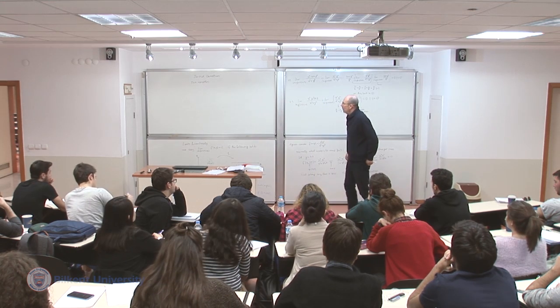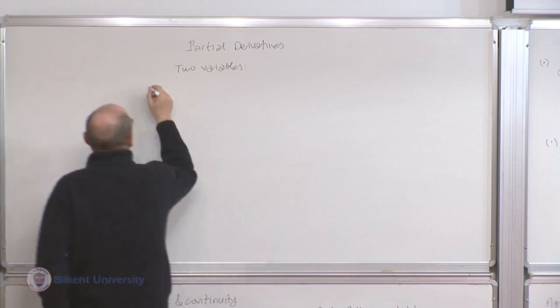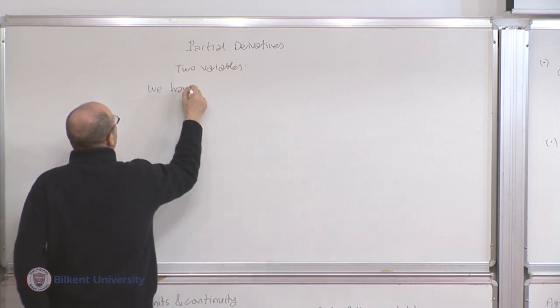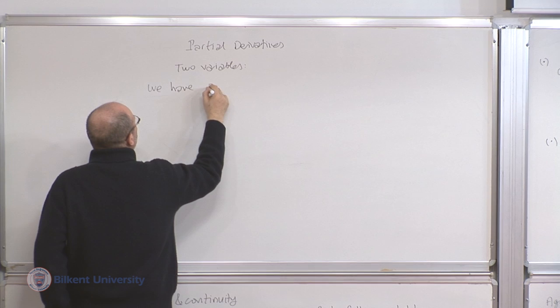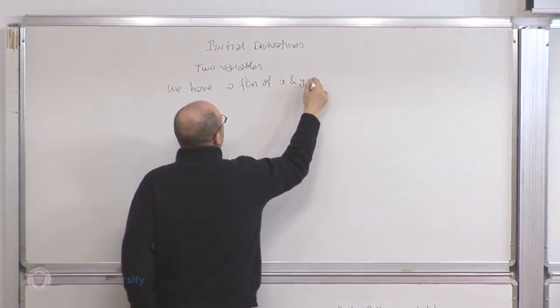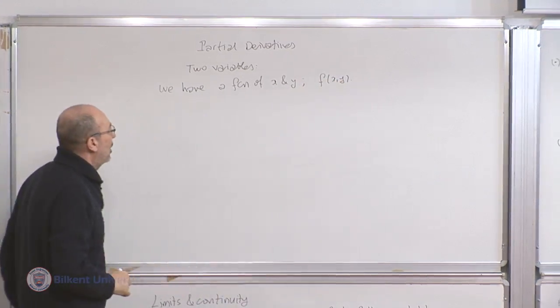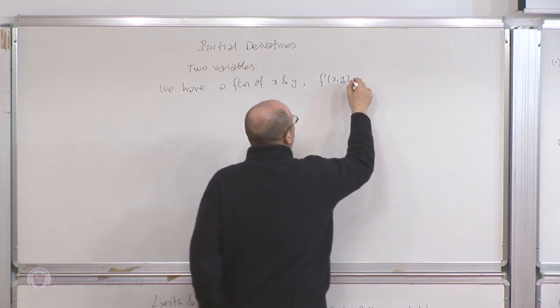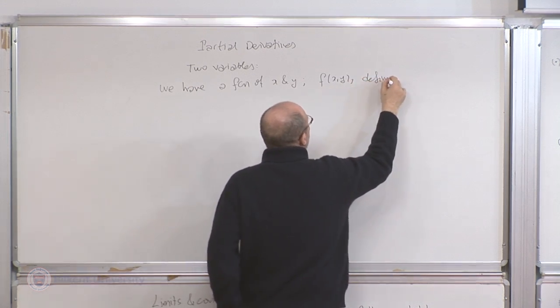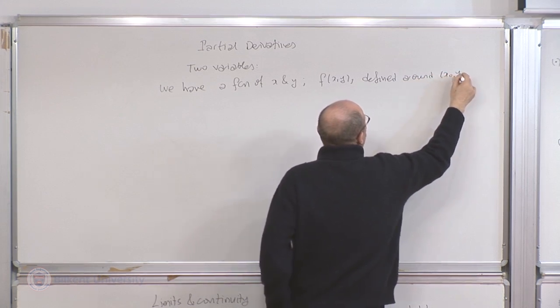So first of all, write the definition for two variables. We have a function of x and y. So we have f of x, y, defined around x sub 0, y sub 0.